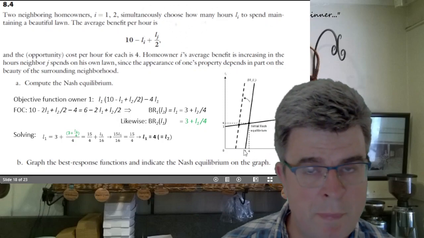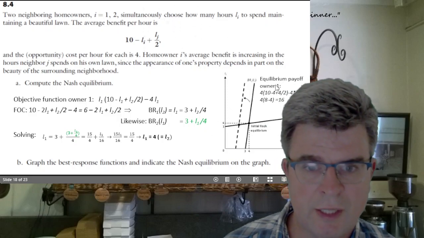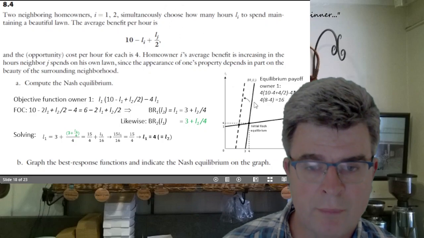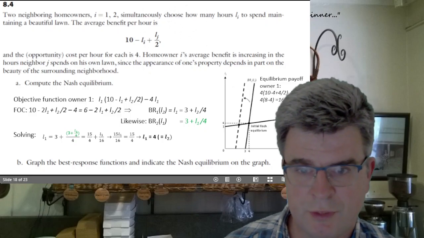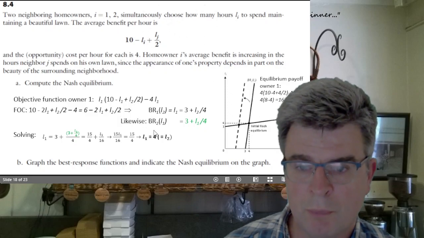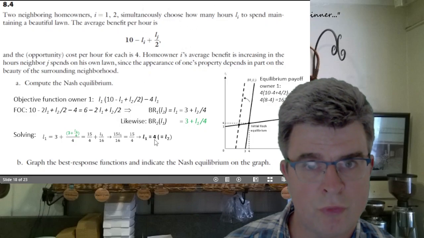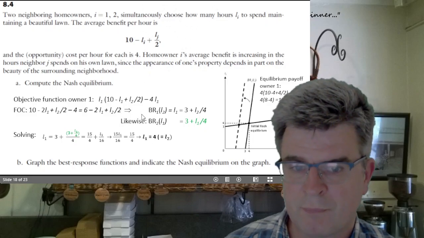That completes question B. Then we have, in this case, owner 1 at the equilibrium point receives a payoff of 16 by plugging the equilibrium outcome of 4 hours each into the objective function.